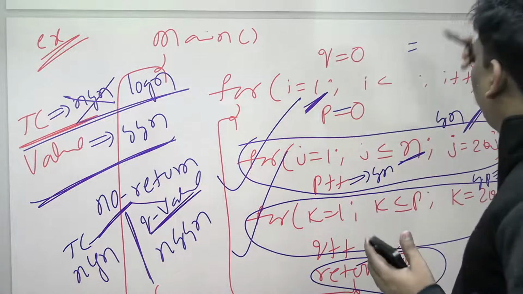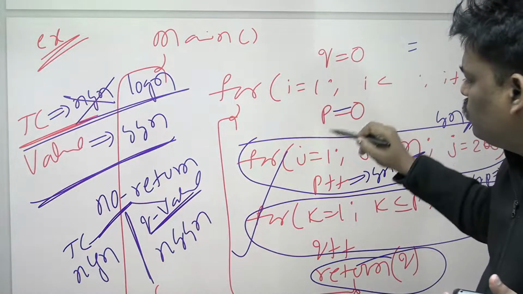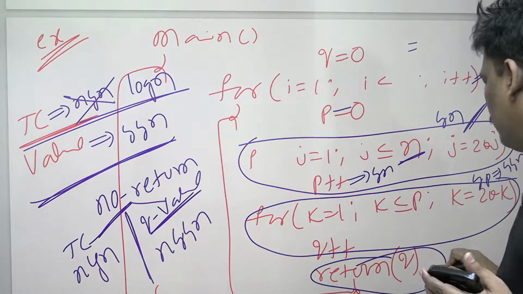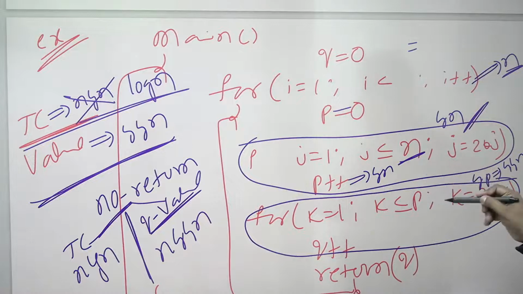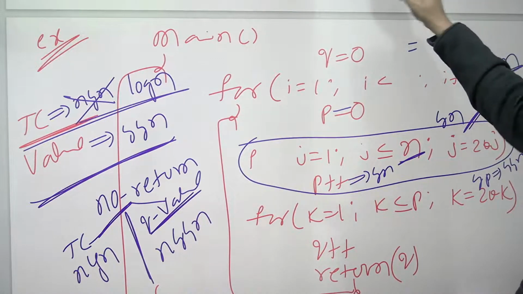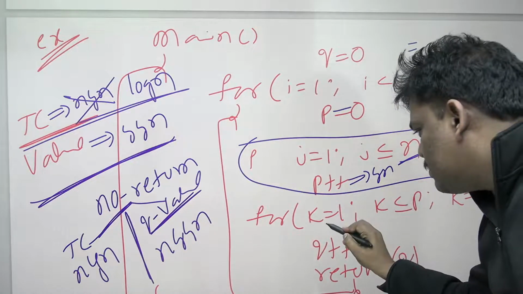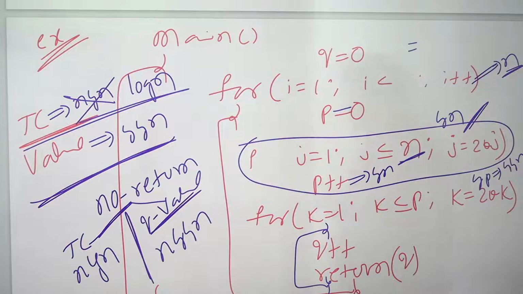Listen, this is a continuation of this one. Everyone listen. See this. What is the answer of this problem if it is like this? What is the modified program answer? I want the Q value.